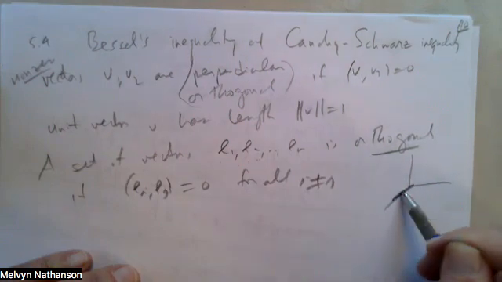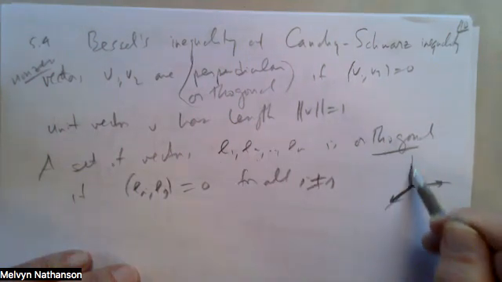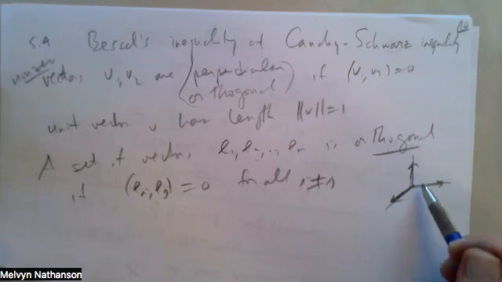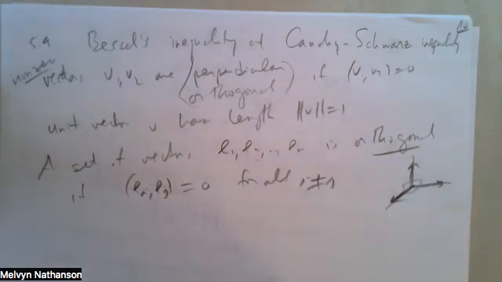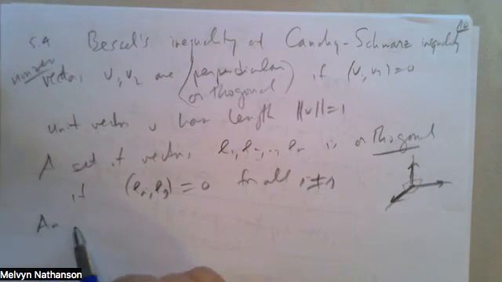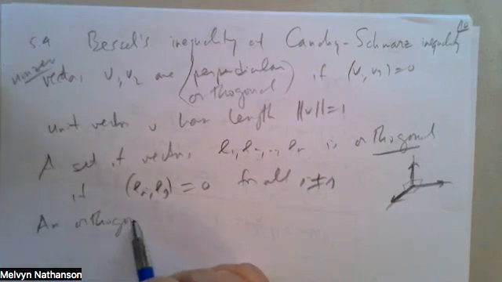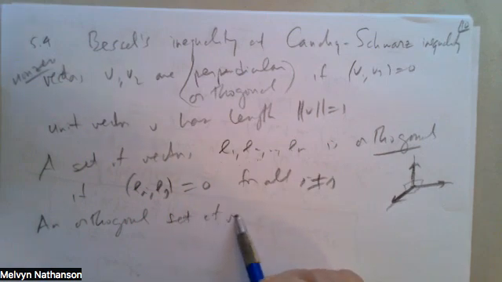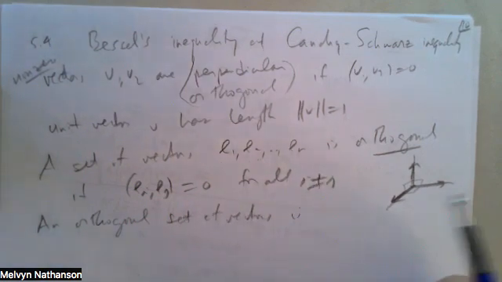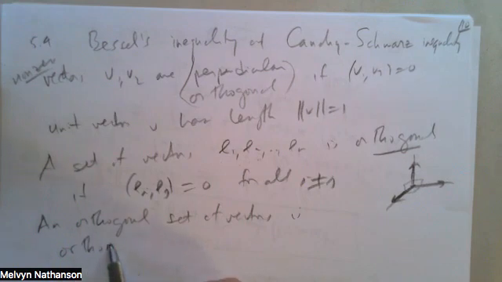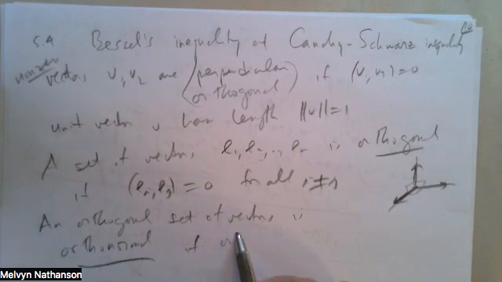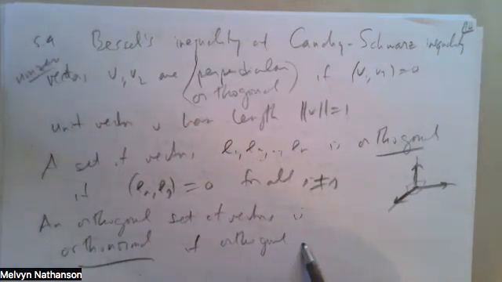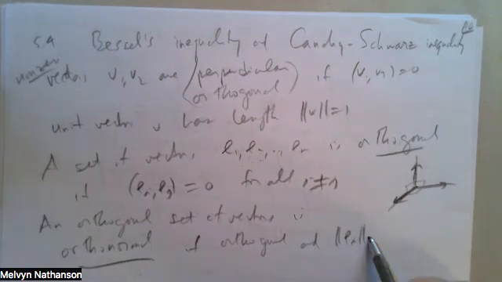So in three-dimensional space, if I take vectors along the x, y, and z coordinates, every pair of them is perpendicular. So these are an orthogonal set of vectors, and an orthogonal set of vectors is called orthonormal if it's orthogonal and the length of each vector is 1.